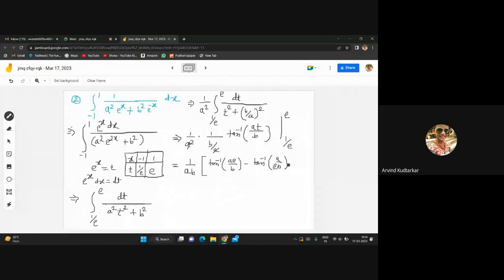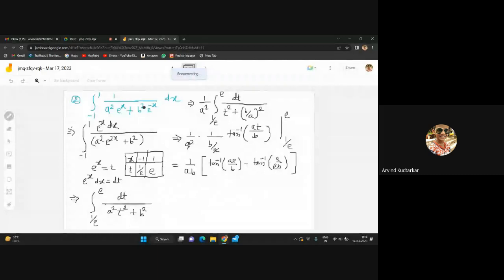Okay, so 1 by ab into tan inverse of e by b minus tan inverse of 1 upon eb is the correct result for their integral.